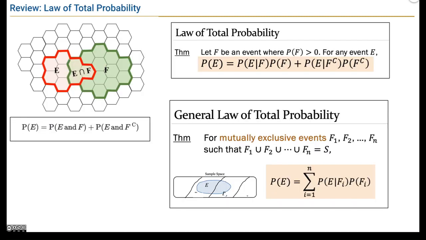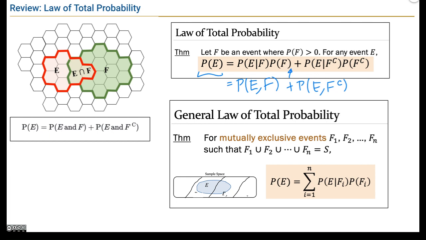Let's do a recap of the law of total probability. If I want the probability of an event E, and I have information about that event E in terms of an event F and not F, then I can write this as the probability of E and F plus the probability of E and not F. And then using our law of multiplication, I get to this form.